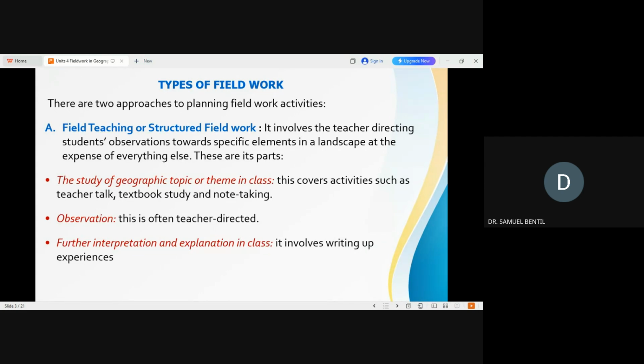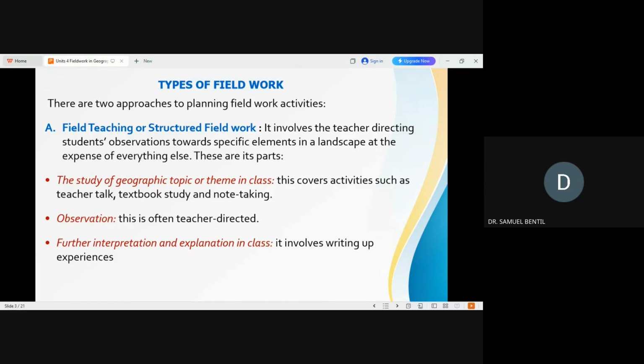Now, when we say structured fieldwork, it's a type of fieldwork where the teacher himself directs what students should observe towards specific elements in the landscape or in the environment, what they should observe or do in a place.